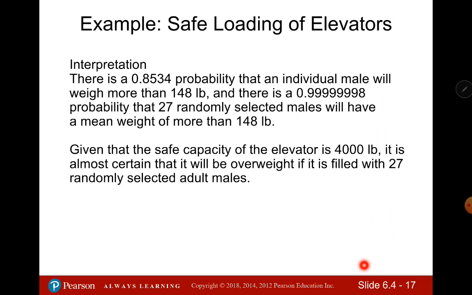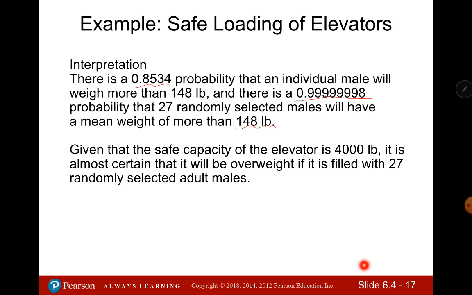The probability of a single male being more than 148 pounds is 85%. But randomly select 27 males. The mean weight of these 27 males being greater than 148 pounds, the probability of that situation is really high.